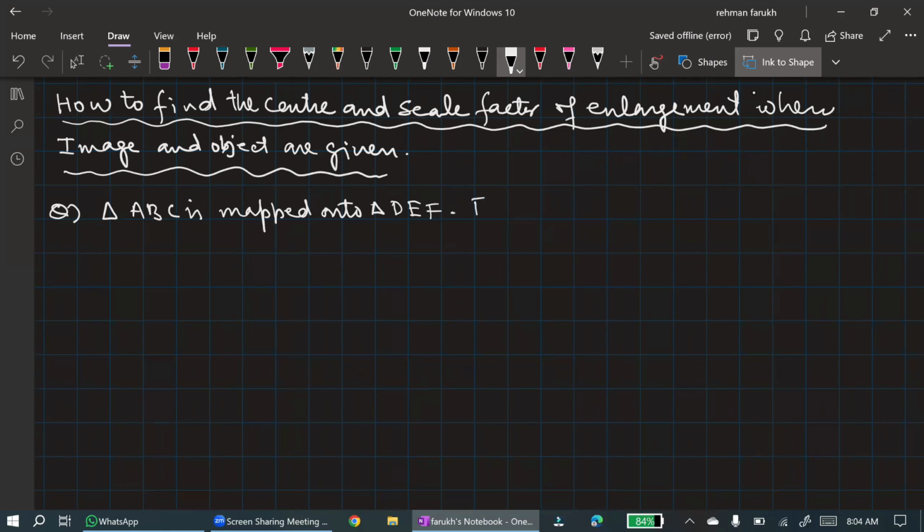Find the center and scale factor of the enlargement.